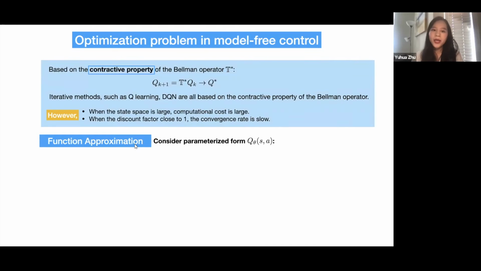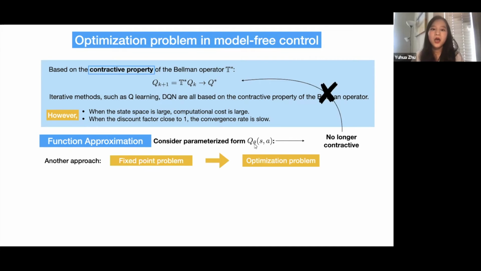So another method is that we can also do function approximation for the value function Q. We parameterize the Q by a parameter theta. Unfortunately, under the function approximation, we no longer have the contractive property. So instead of using an iterative method, we can transfer this fixed point problem to an optimization problem.